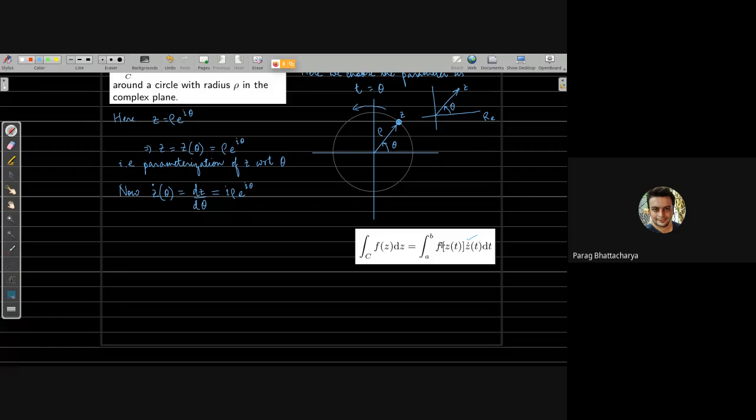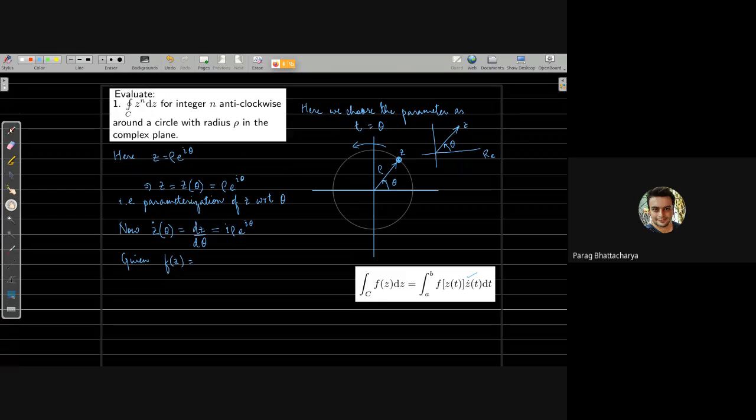Now all we need to do is substitute everywhere in this function. So what is f of z? Given f of z, as per this problem, f of z is equal to z to the power n. Therefore in this problem we need the first part, f of z of t. What will this be equal to?